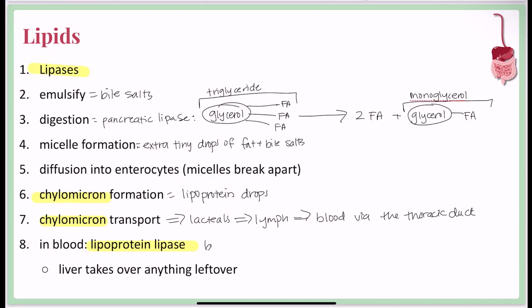So it breaks up chylomicron into fatty acids and glycerol. And all of those can be used for energy. And then the liver also plays a role in this too, a little bit. Takes over anything that's left over.